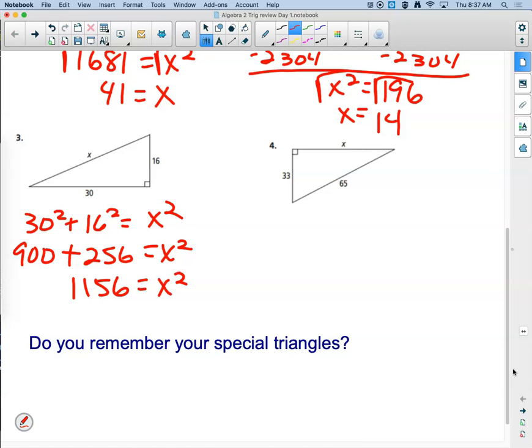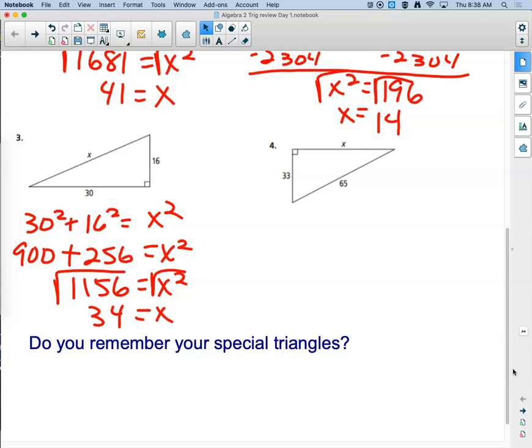How do you undo squaring again? Does this one come out nice? What'd you get? 34. Again, probably not one that we had memorized. Yes, 34 squared is 1,156. That was definitely above our 15 squared.